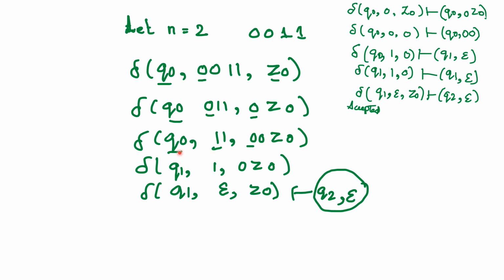Then Q0 1 0, there are different characters, so you change the state, and you pop the value from the stack. Finally it reaches the final state. This is the way of checking using the extended transition, which we call delta.